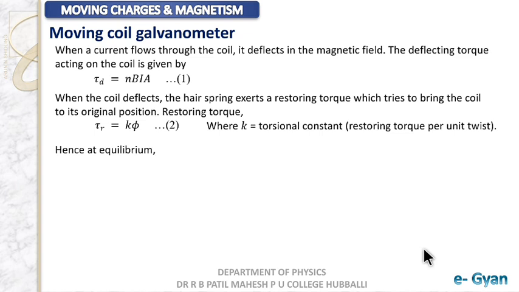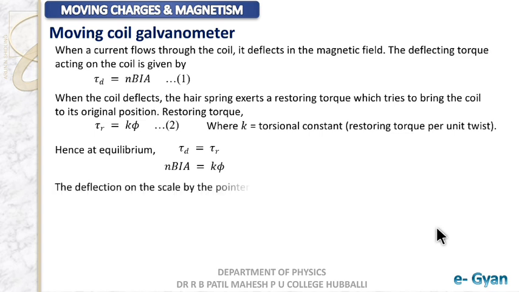Hence, at equilibrium, these two torques will be opposite to each other and will be trying to balance each other. When they balance, the needle will be pointing at a value on the scale. So we can write tau d is equal to tau r. Further substituting their values, we get this equation, and we write it for the deflection on the scale by the pointer, that is phi.